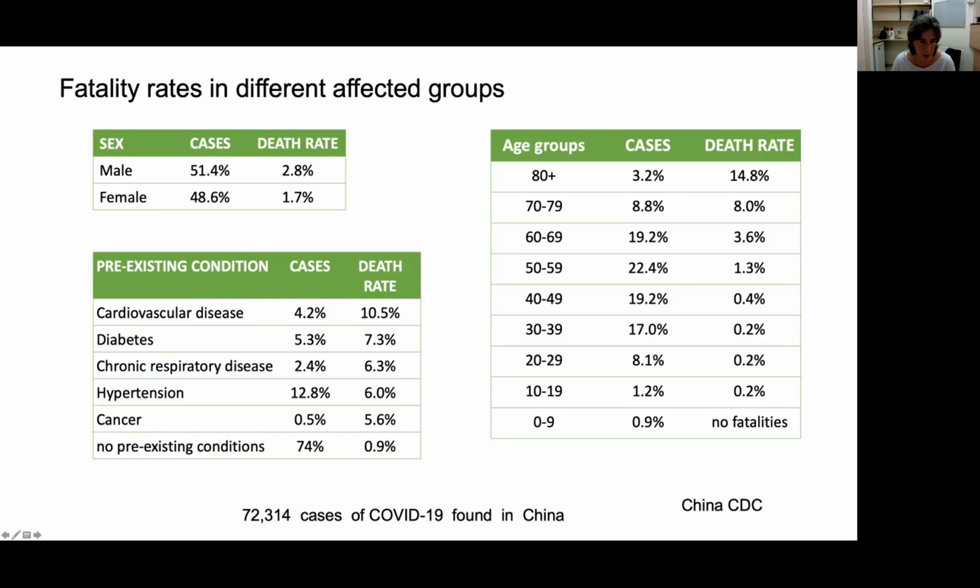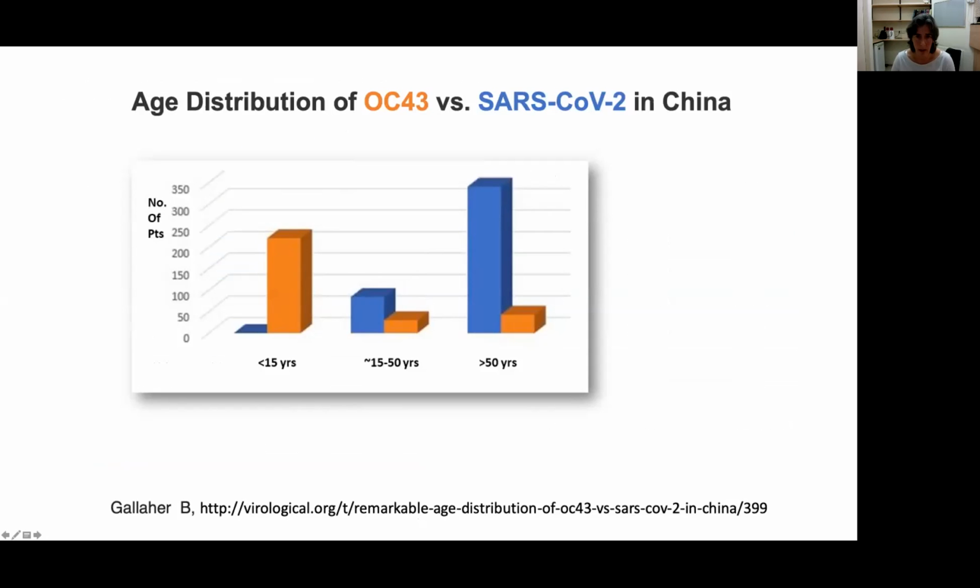And another important issue regarding this disease, if you have a pre-existing condition, you will have a much higher death rate, as you can see here, with the cardiovascular disease and of course respiratory disease being risk factors, as well as the other conditions that are shown in this slide.